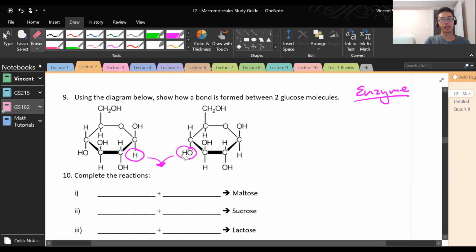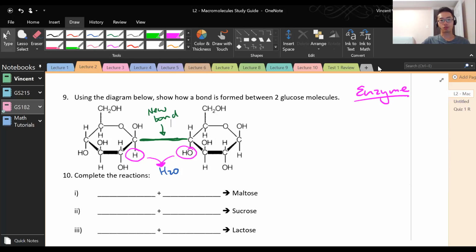When you take the H and the OH away, you will get H2O. And then the carbon here will now form a bond with this carbon. So this new bond is what's holding the 2 monomers together. Does that make sense? I sure hope it does.